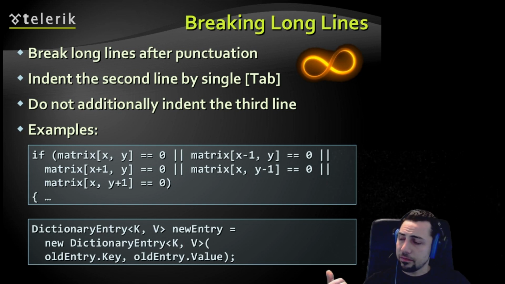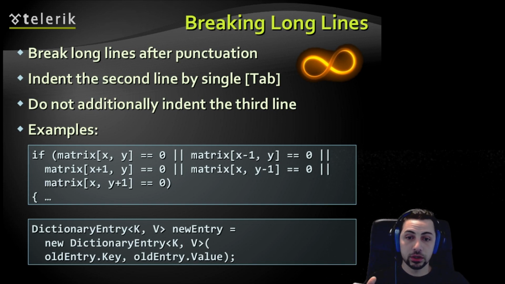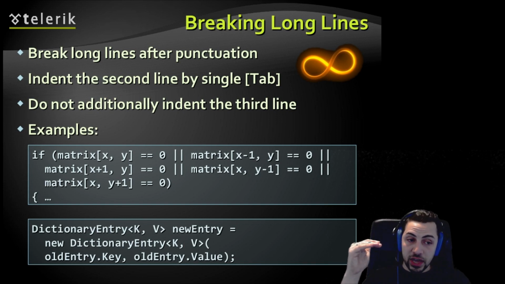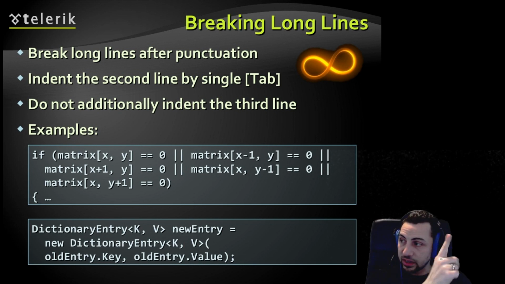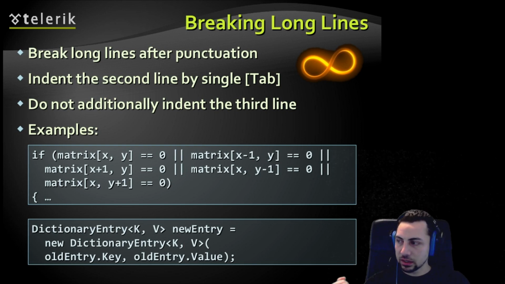But if it's not worth it to you to put that in, you can separate them onto multiple lines. There's lots of things you can do to make white space do weird things, right? But to do it properly, big air quotes, properly in a convention, all you do is take, after a particular punctuation, in this case the logical or, go to the next line, indent by a single tab.